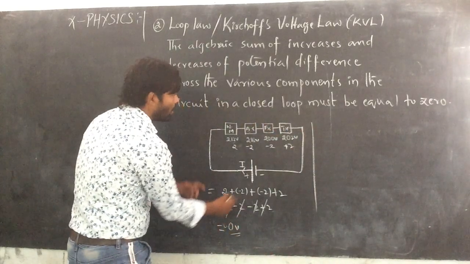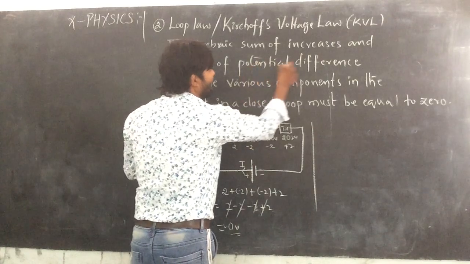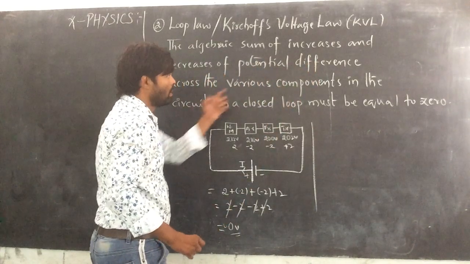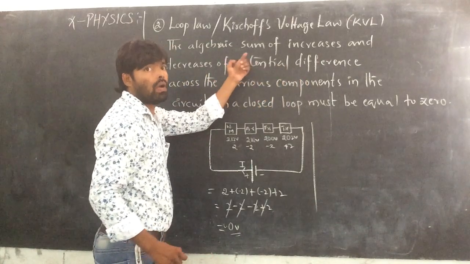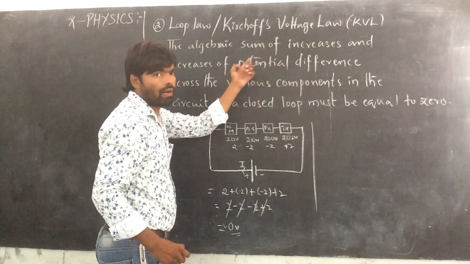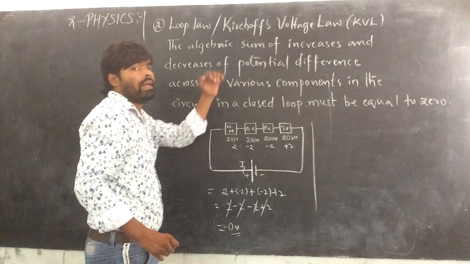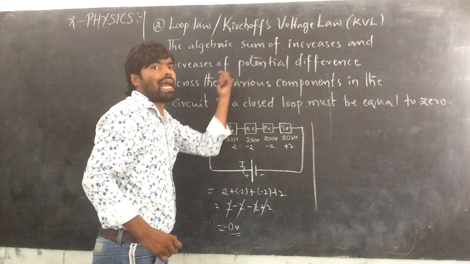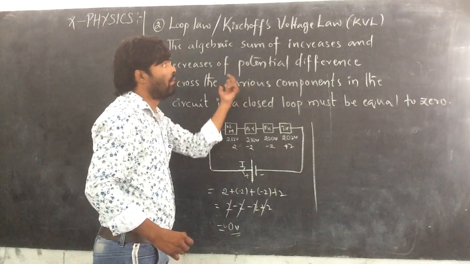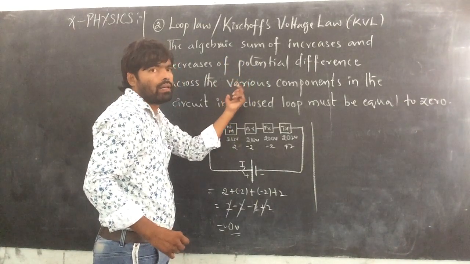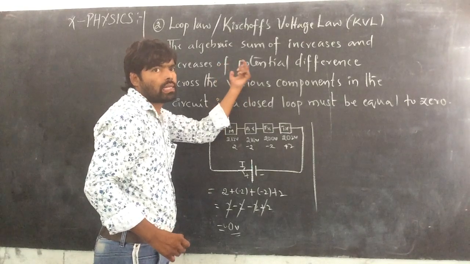Here, what are we calculating? We are calculating the potential difference. Potential difference is also called voltage. In the previous rule, it is carrying a charge, so the charge is conserved, and we concluded the law of conservation of charge.